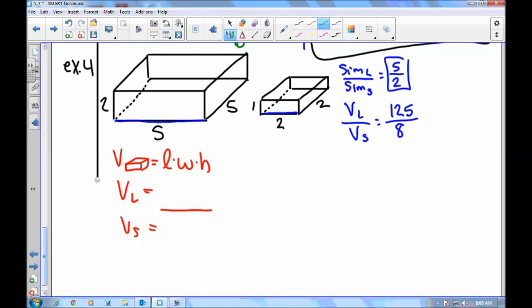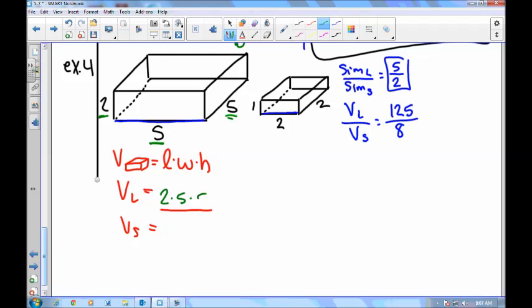You should have just taken these three, lengths, widths, and heights. By the way, lengths, widths, and heights are always 90 degrees to each other. So if you ever see a diagonal, especially like on a triangular prism, you never use the diagonal for volume. Okay, so always use the ones that are perpendicular to each other.